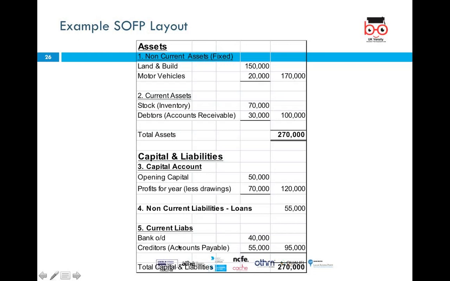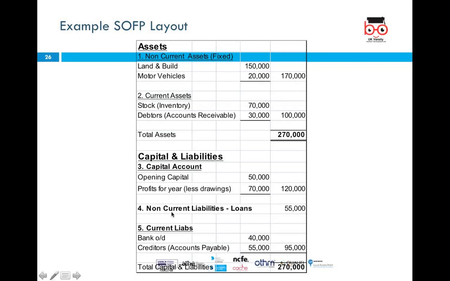We have non-current liabilities in loans, and the total is capital and liabilities. A liability is an obligation to pay money as a result of a past transaction or event. Again, it is divided into two categories: non-current liabilities and current liabilities.